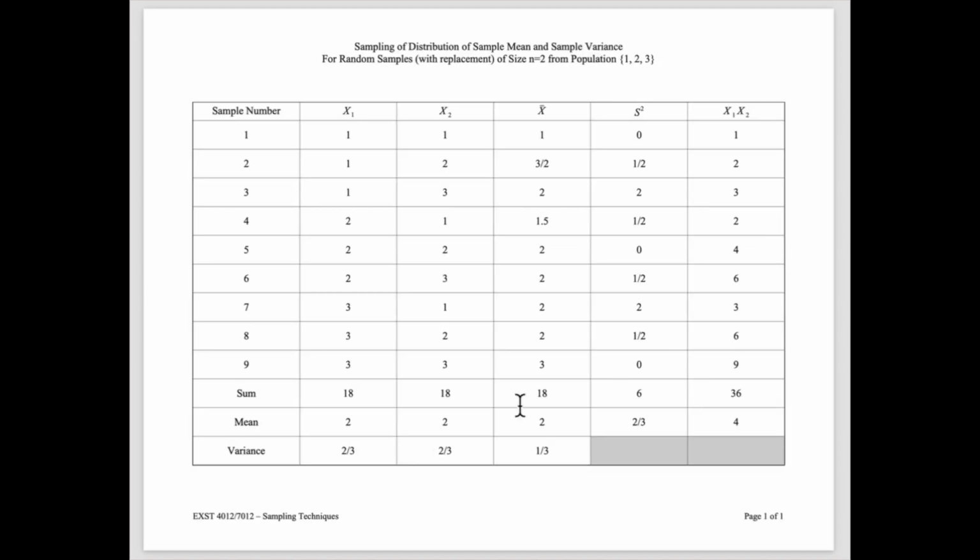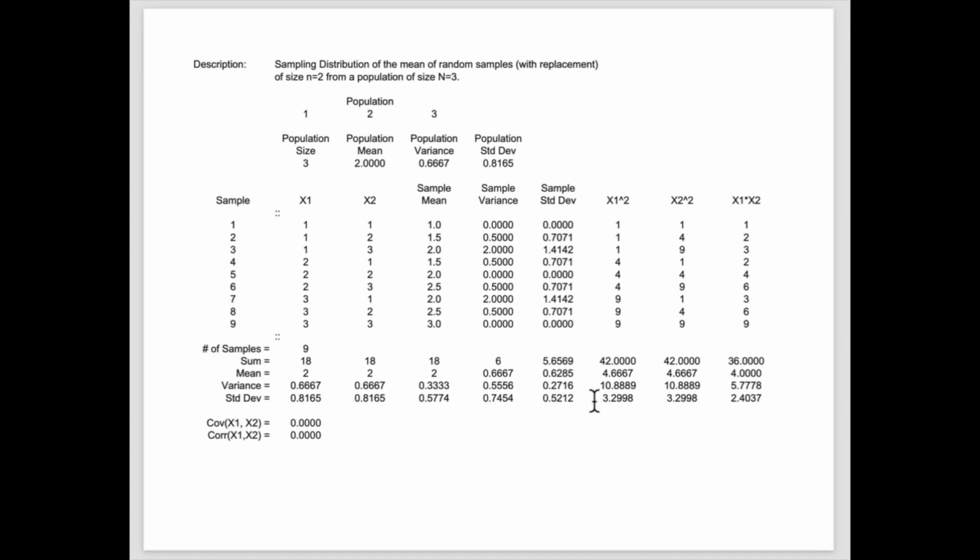It has a few more columns that we don't need to worry too much about right now. This is for the sampling distribution of the mean of random samples taken with replacement of size n equal to 2 from the population of size capital N equal to 3.